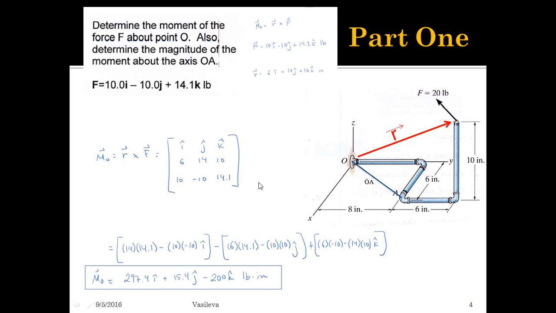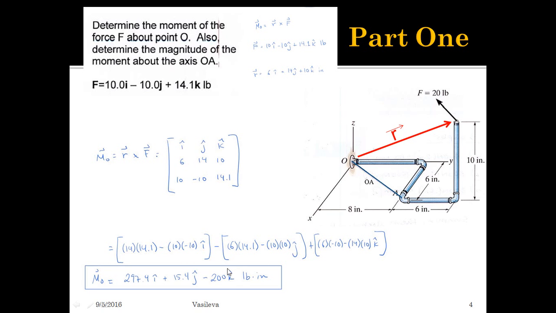We do the cross product. I hope you guys know how to do that. You end up with 3 different components: an x, a y, and a z component. You need to make sure you're expressing this in vector form, because when you do R cross F, you always end up with a vector.